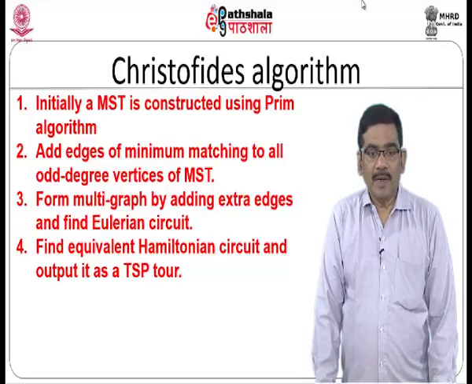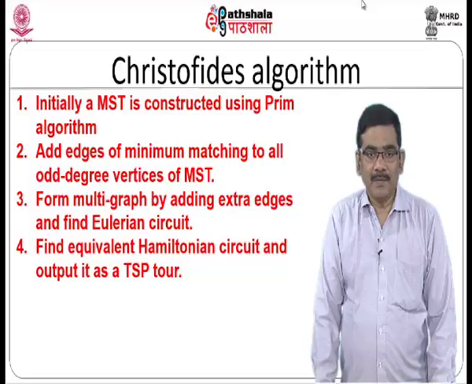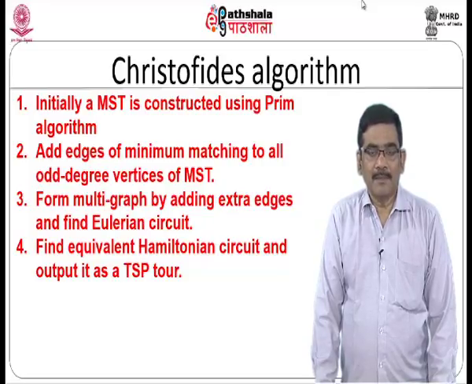So, you form a multigraph by adding the extra edges and find an Eulerian circuit. An Eulerian circuit is where you start from a city, visit all the edges exactly once, and then come back to your original city.